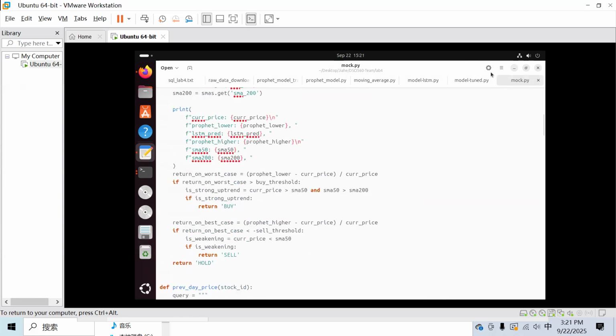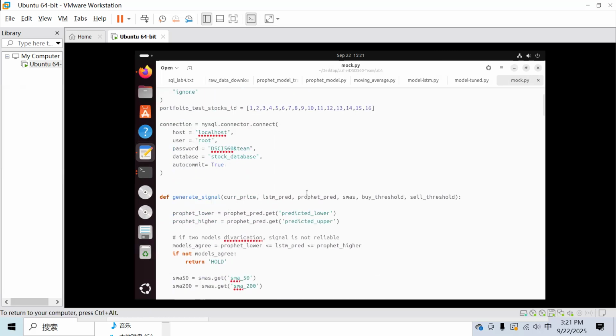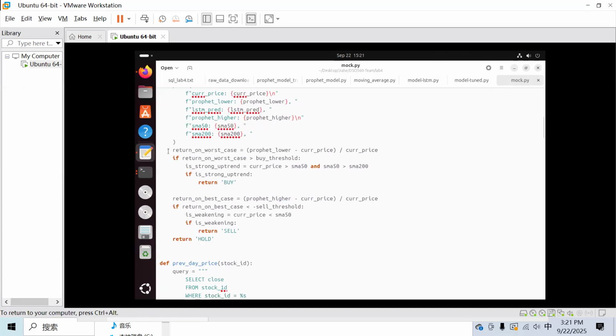Then we're going to combine the results from the two models and also the buy-sell rule to generate a signal for each stock.